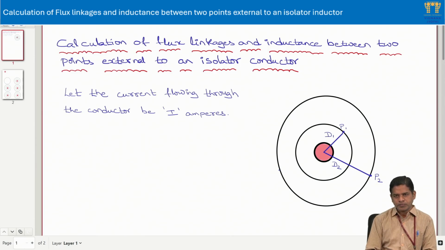Okay. Now for analysis sake, as we have done for the calculation of flux linkages internal to the conductor, that is due to the flux which is internal to the conductor, where we considered a tubular element for analysis, similarly, even here, let us consider a tubular element in the flux path between these 2 points P1 and P2.